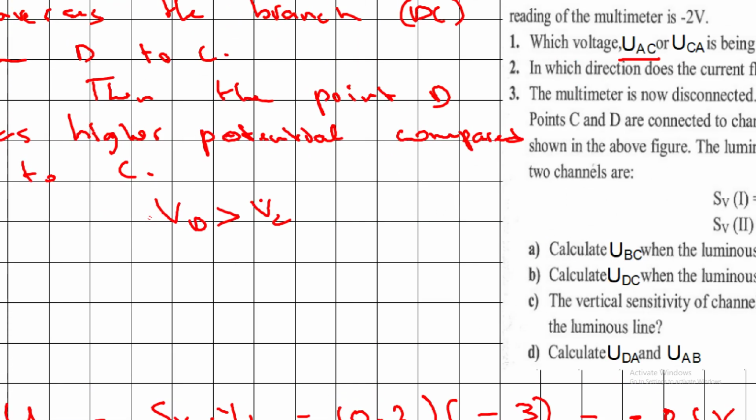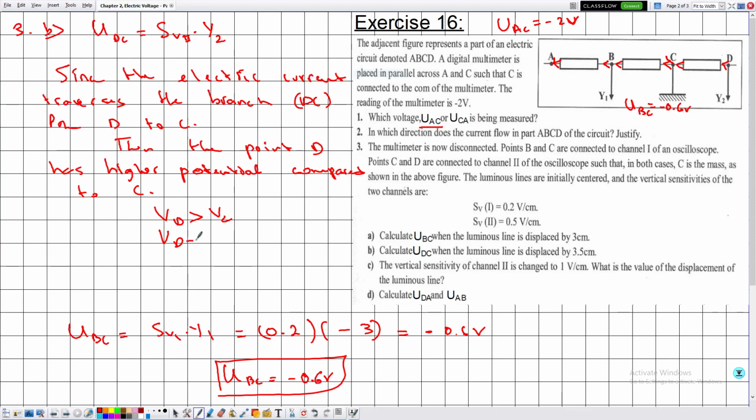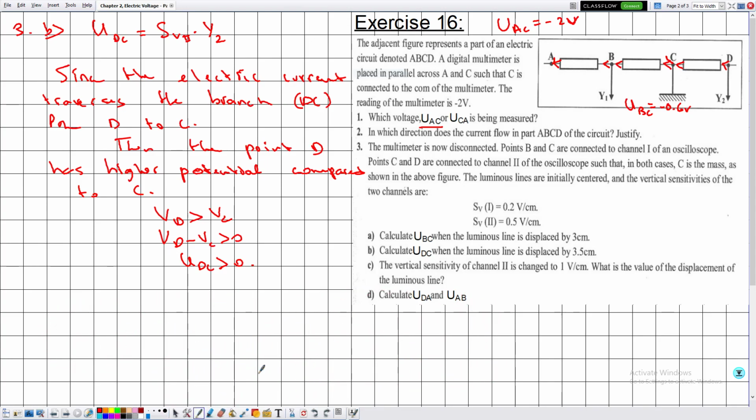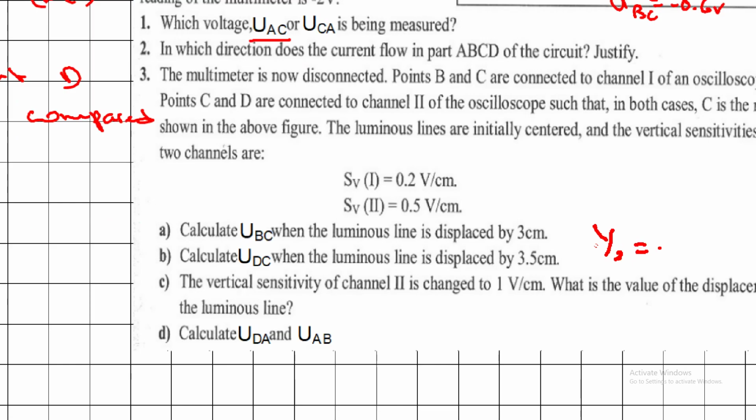So this is an inequality. Dragging VC to the left hand side, it will gain a minus sign. So in this case, UDC is positive. So knowing that UDC is positive, the luminous line will be displaced upward because we are measuring UDC. So in this case, Y2 is equal to plus 3.5 centimeters.